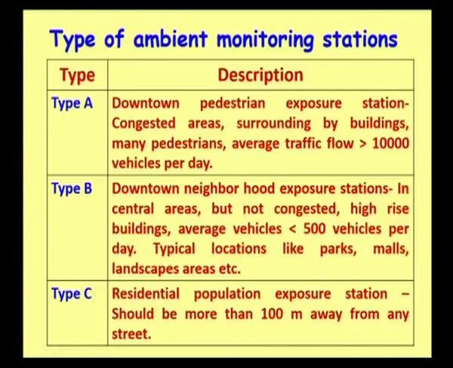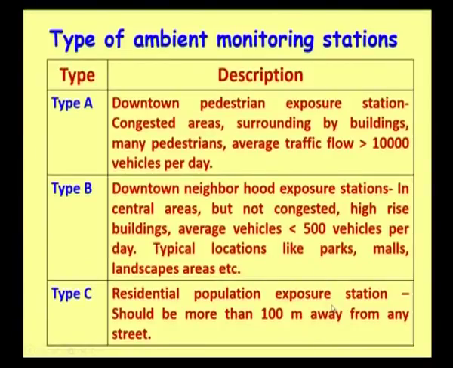Type B is not directly at the place, but in nearby places where the vehicles are less than 500. That means, if you are monitoring on the road, it is type A, and if you are monitoring in the street surrounding the road, it is type B.